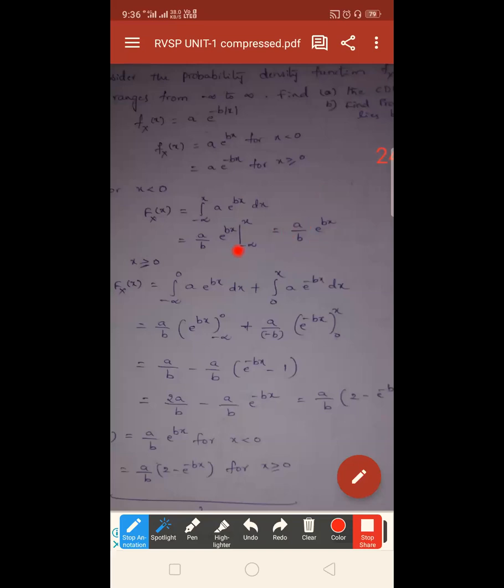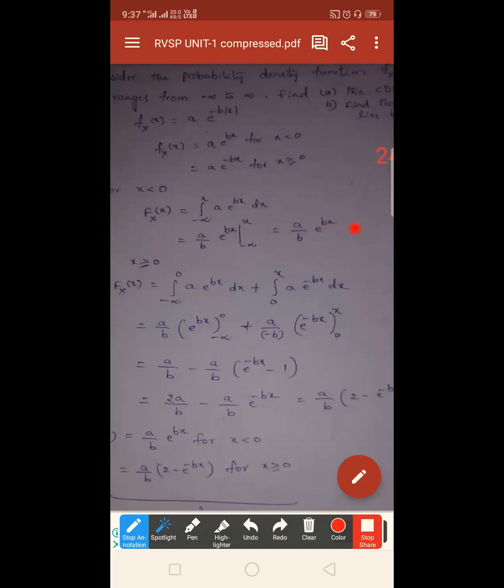Apply the limits for e power bx. The limits are minus infinity to x. Substitute x, you will get e power bx. Substitute minus infinity instead of small x: e power b into minus infinity. Minus infinity into anything is minus infinity, so e power minus infinity is 0.